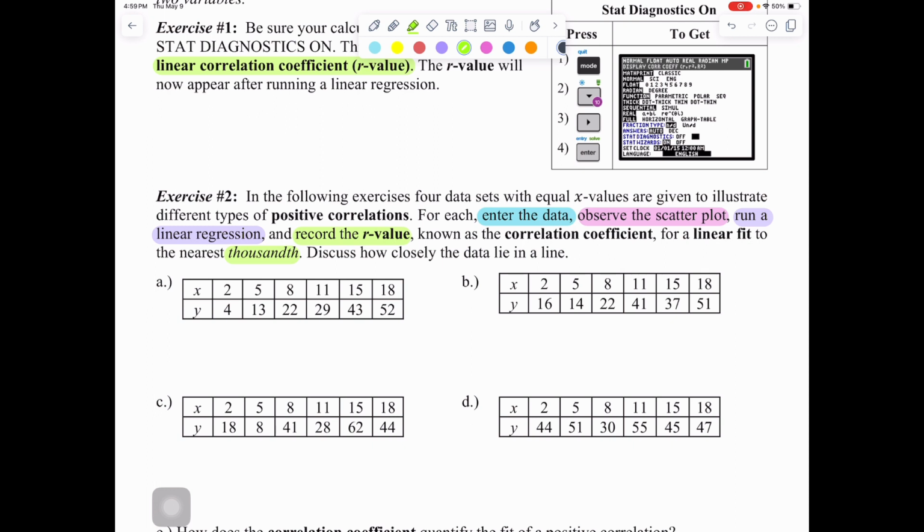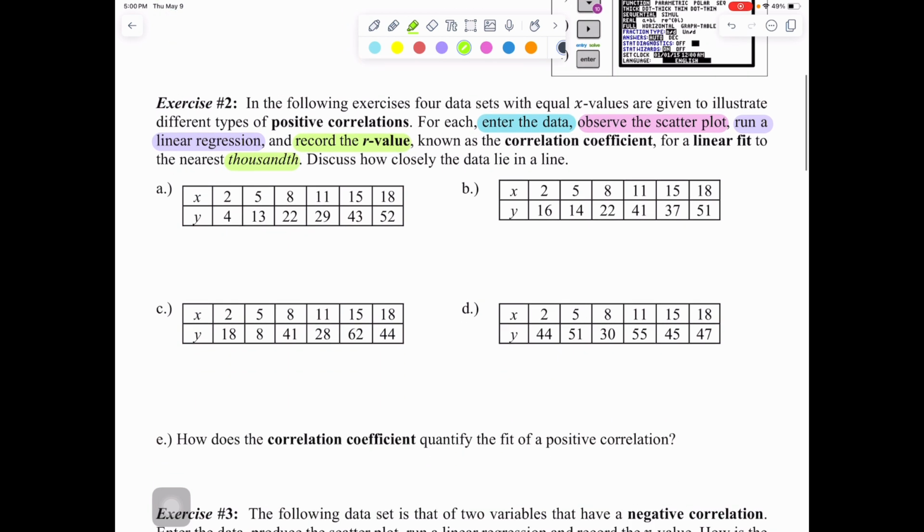So the idea here is if the data lies close to the line, you're going to see a certain type of number than if the data is more spread out and scattered away from the line. And you'll get an opportunity to investigate this as you work through the exercise. So I'll do part A with you. We'll then pause the video and have you try B through E without me. And we'll discuss more further from there.